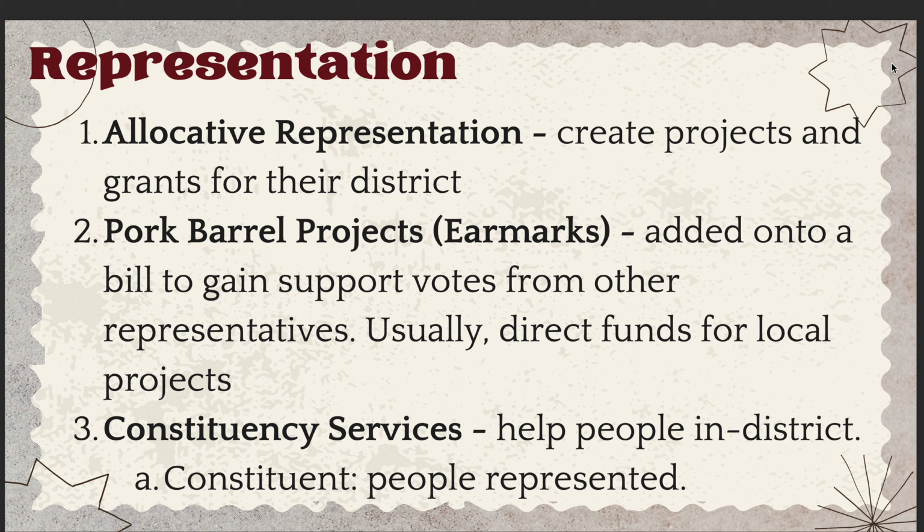Number 2 is often done in conjunction with or by another representative. So if someone really needs Marcy Kaptur to sign on to a bill, they'll add a little sentence in that bill specifically giving District 9 $2 million for a bridge.